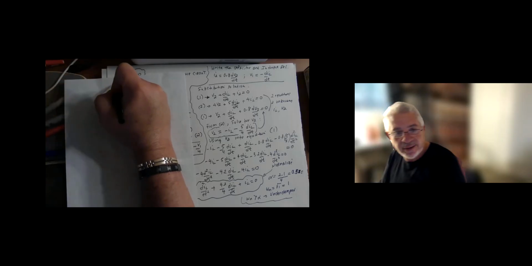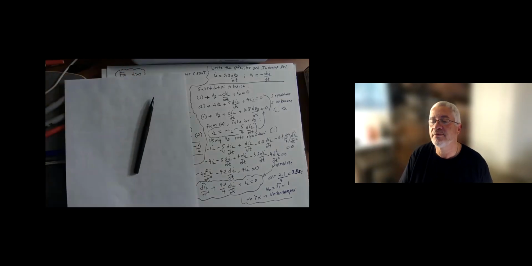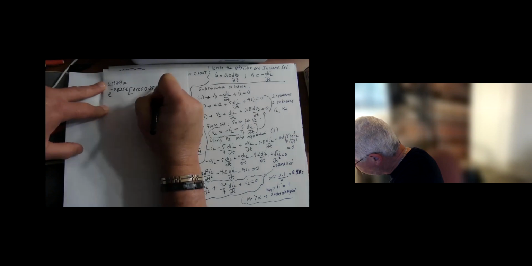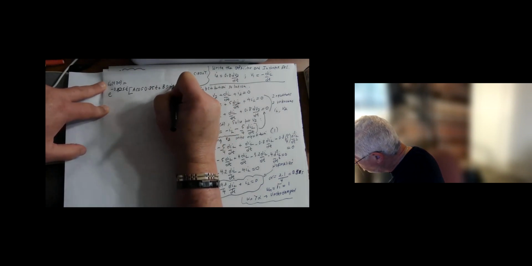I'm going to write the solution: IL of t, for t greater than or equal to 0, is equal to e to the minus 0.525 t times a cosine 0.85 t plus b sine 0.85 t.